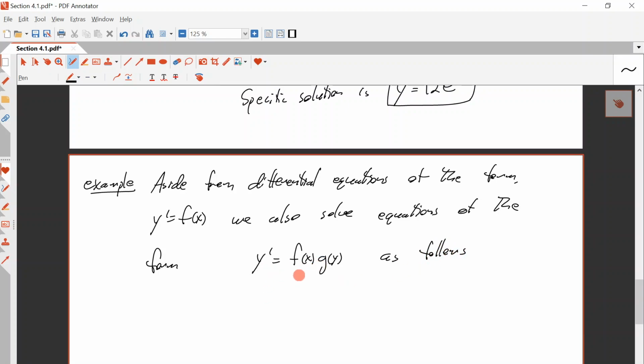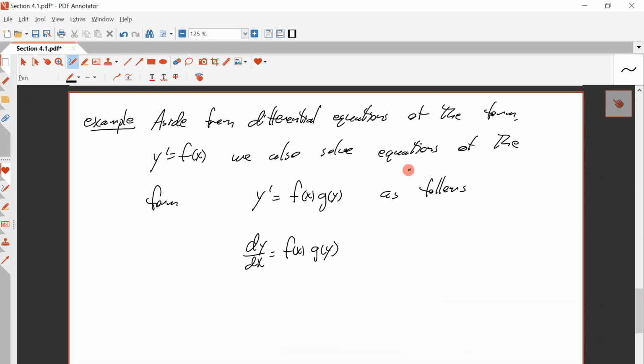y prime is equal to f times g. So instead, write it as dy dx is equal to f of x times g of y. Move the y's to one side and the x's to the other.